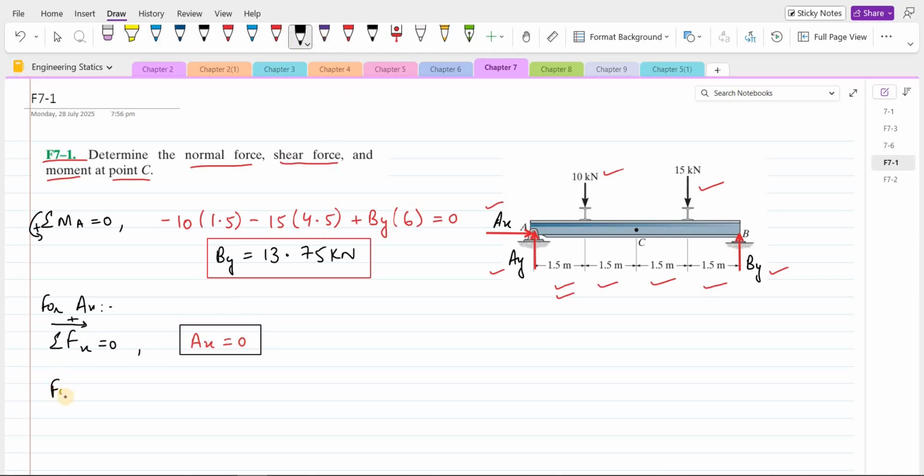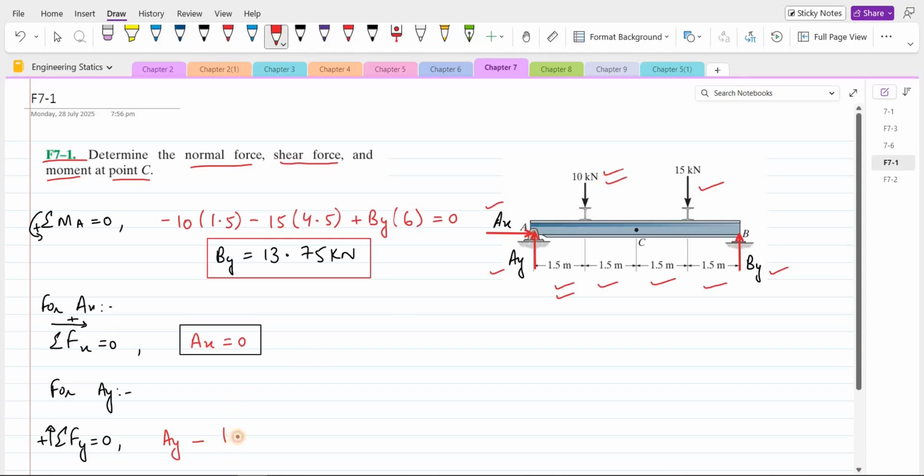Now for Ay, we can do summation of forces in y direction equals 0. I am considering up direction as positive. So we have Ay minus 10 kilonewtons minus 15 kilonewtons plus By equals 0.